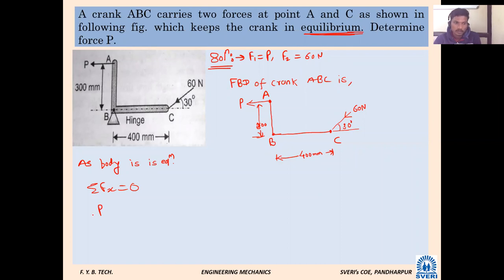Minus P. Then minus 60 cos 30, equal to 0.